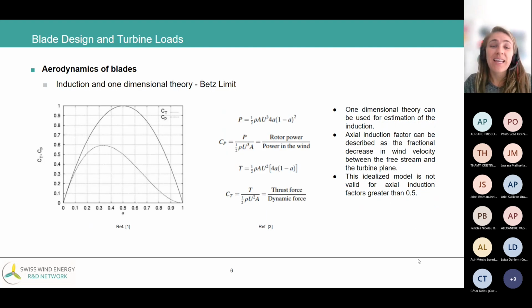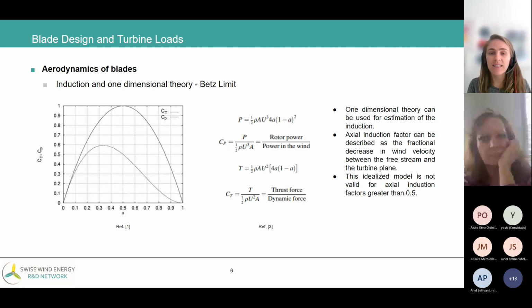Then going a bit further, this is also something that probably you have heard about, the Betz limit. Why I introduced the induction is because the induction is the basis for the Betz limit. Without knowing that we will actually extract part of the wind speed, the Betz limit would not be calculated.